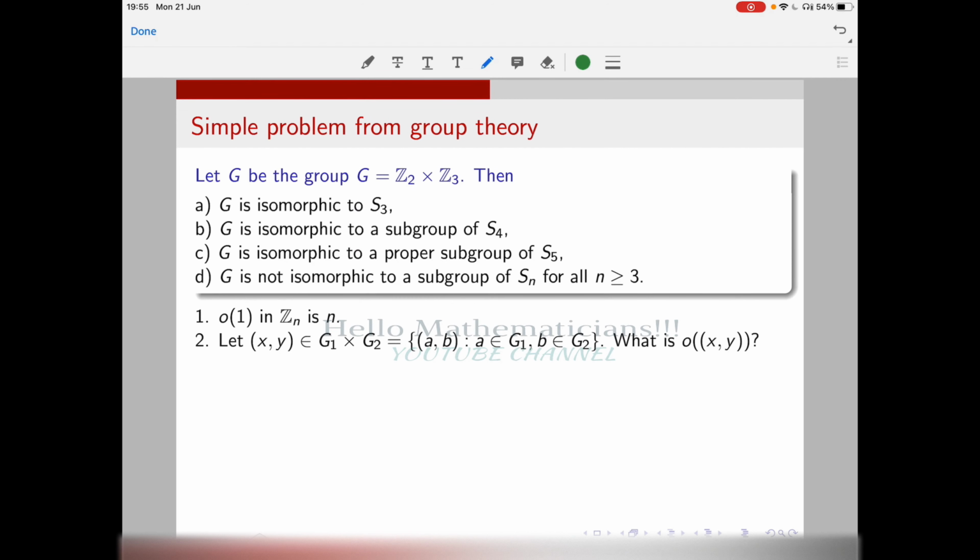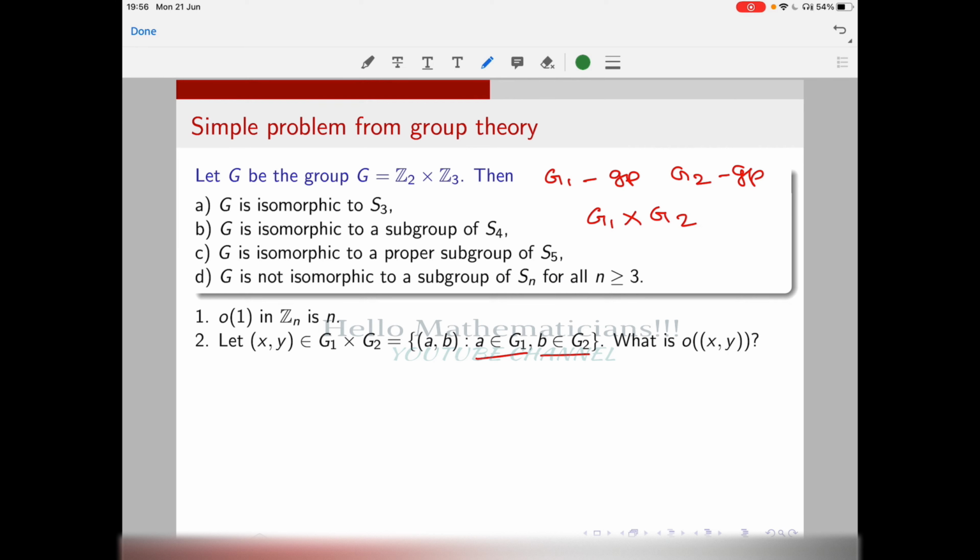Now we want to understand, you take a group G1 and another group G2, and you look at the product of the groups G1 and G2. Here the elements look like ordered pairs A comma B, where A belongs to G1 and B belongs to G2.